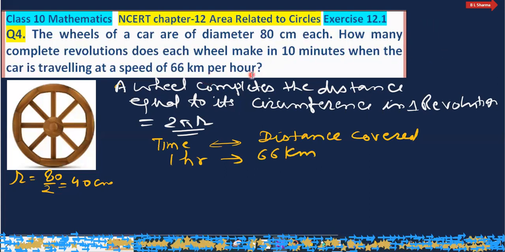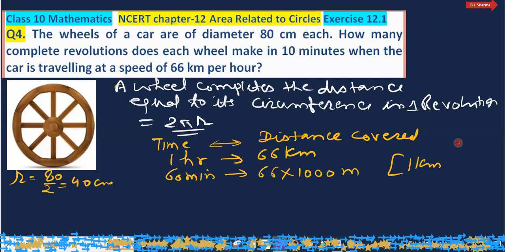66 किलोमीटर पर आवर मीन्स 1 आवर। ये जो व्हील है, ये पहिया 1 आवर में 66 किलोमीटर ट्रेवल करता है। It means in 60 minutes it travels 66 into 1000 meter, because we know that 1 kilometer is equal to 1000 meters.